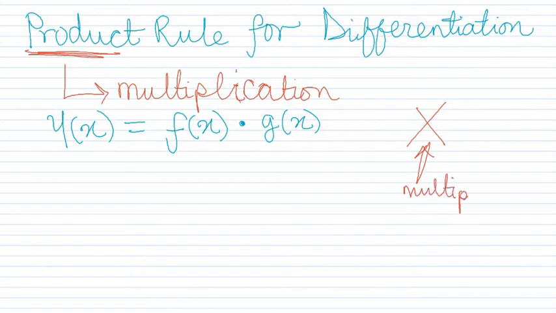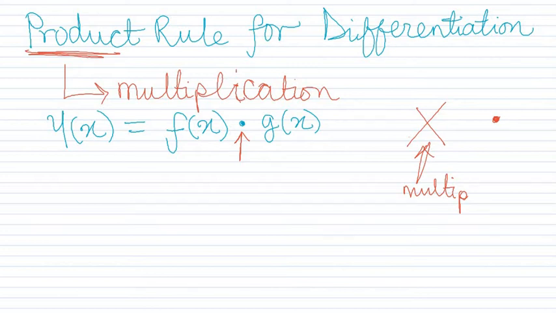But in calculus, especially because the x symbol is used so much, a lot of professors tend to just use the dot. So anytime you see a dot, this dot is not a decimal point. This is a multiplication symbol.